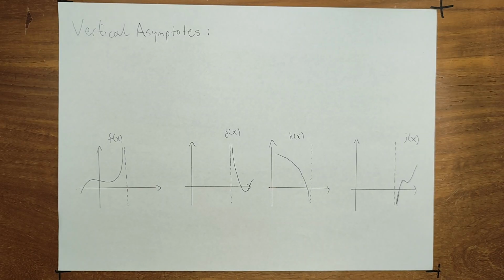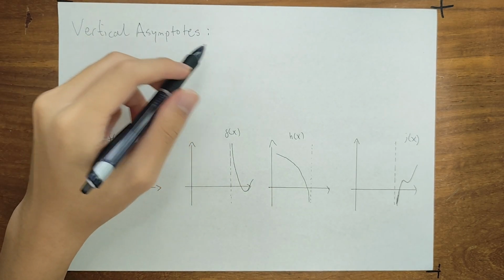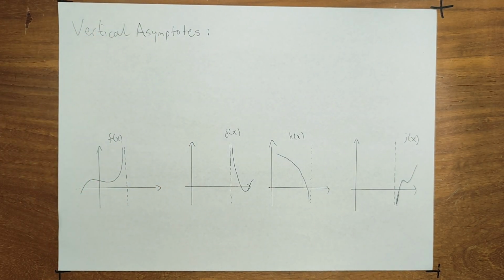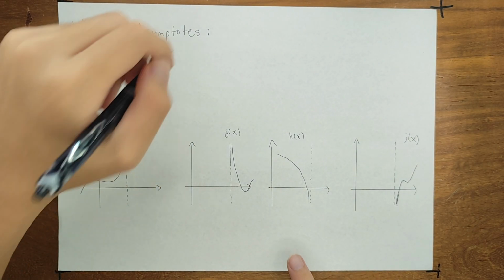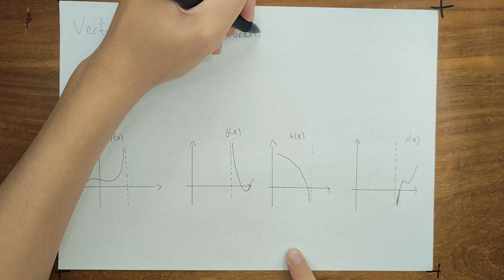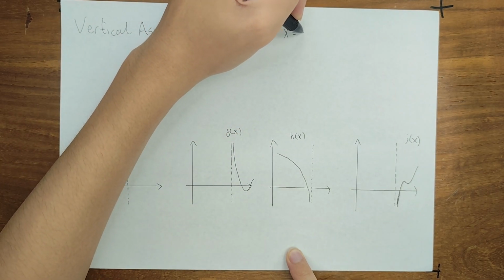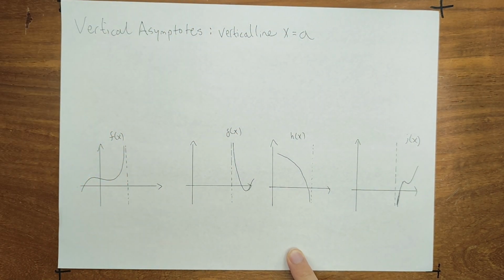Alright, so let's talk about vertical asymptotes. A vertical asymptote is a vertical line, and its equation is x equals a.